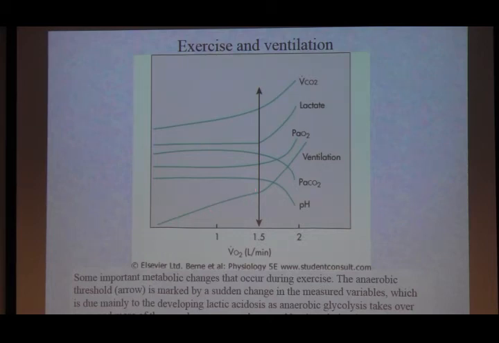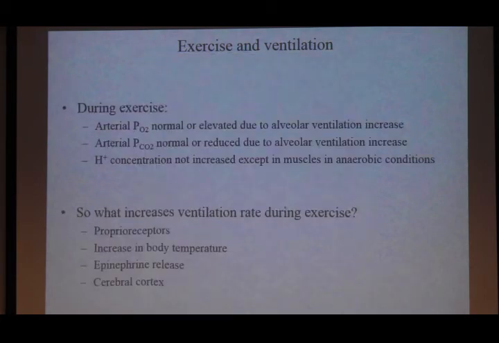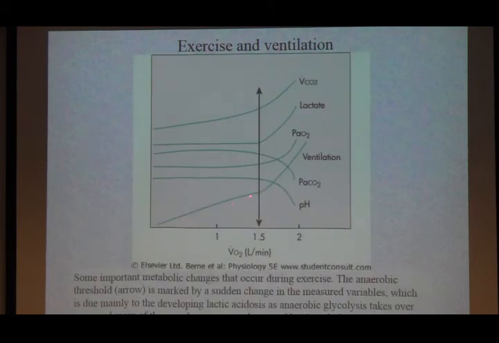Well, probably the best explanation is that during that phase of exercise, what drives the increase in ventilation is increased stimulation of proprioreceptors in your joints that communicate with the DRG and enhance the activity of the DRG. It's possible that increases in body temperature can also increase DRG activity, and maybe even increases in epinephrine, but the major reason for this steady increase is that the proprioreceptors in joints are probably being stimulated.